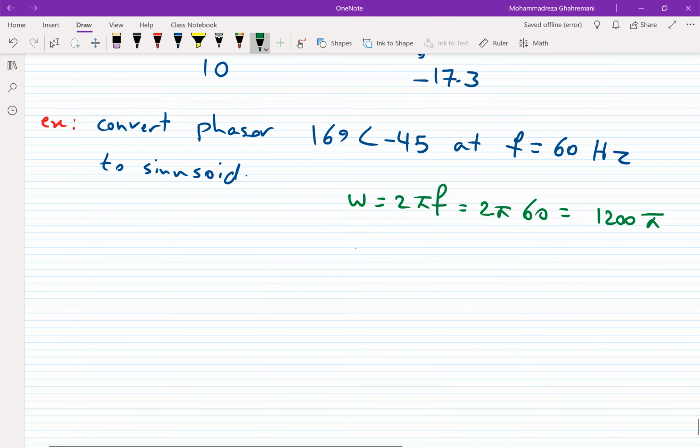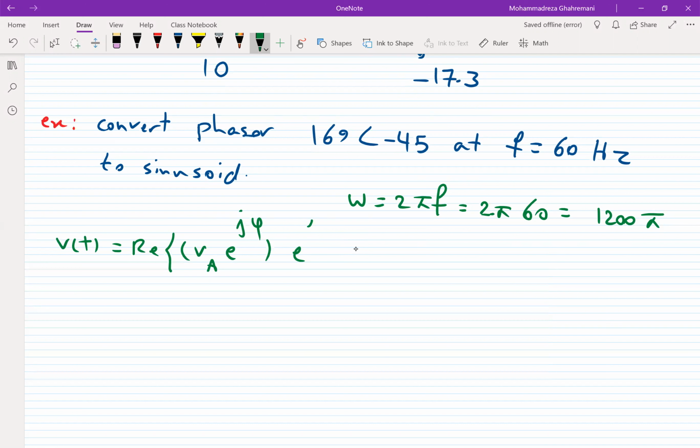We know that V of t, the signal, is the real part of Va e to the j phi e to the j omega t. Let's just substitute the values.